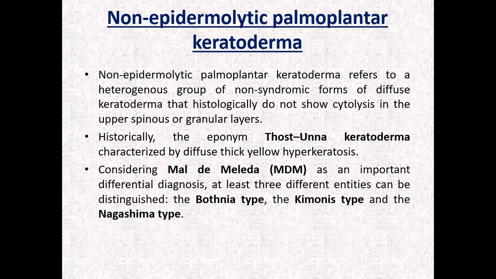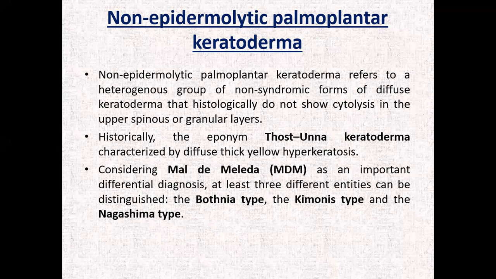Other non-epidermolytic palmoplantar keratodermas is actually a heterogeneous group of non-syndromic form of diffuse keratodermas that histologically does not show the epidermolysis. Historically, the eponym of Thost Anna keratoderma is characterized by diffuse yellow hyperkeratosis.